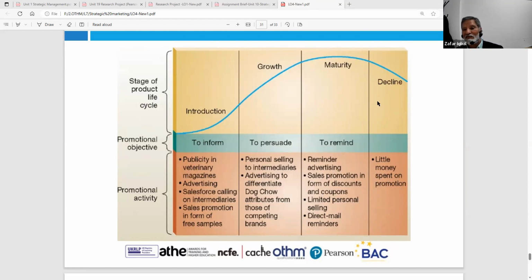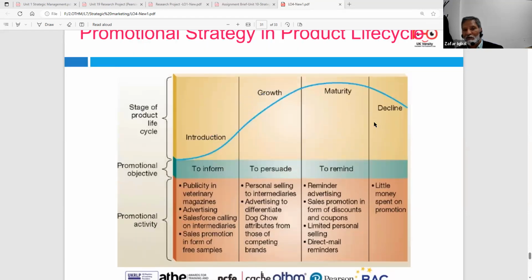And at the fourth stage, decline, when the product is declining, they use a different promotional strategy, to encourage money to keep coming in. The amount of promotion being spent on the product keeps coming in at a slow rate, but it's declining.